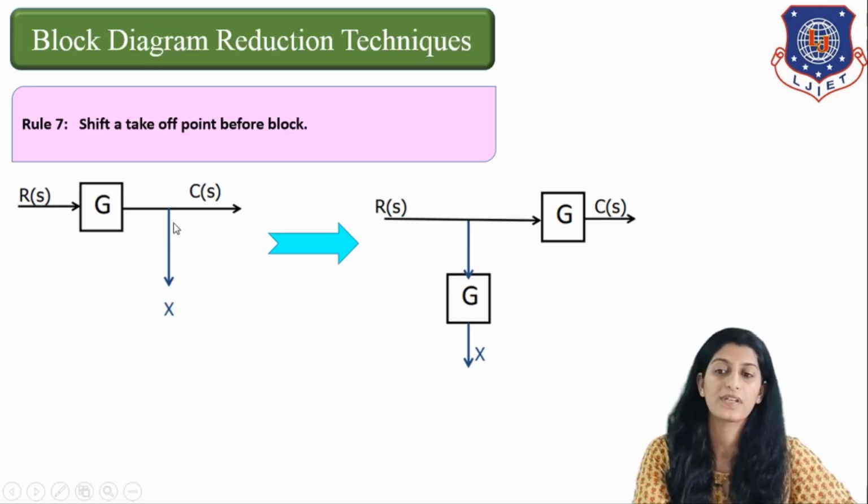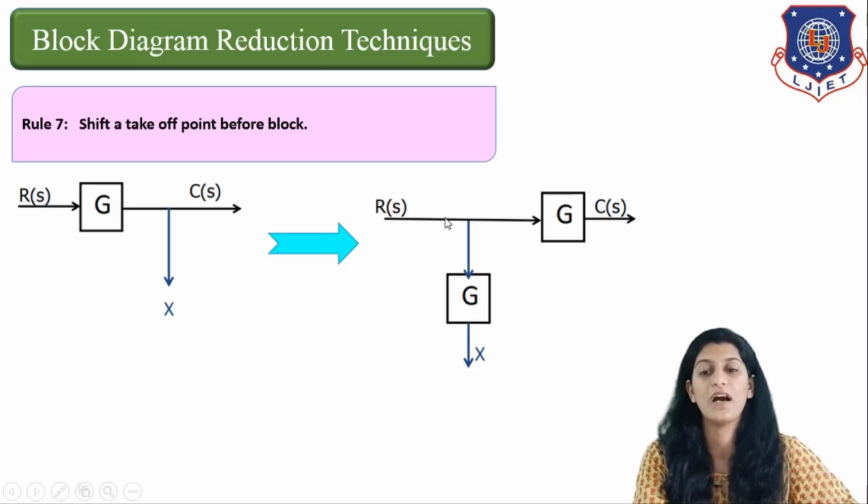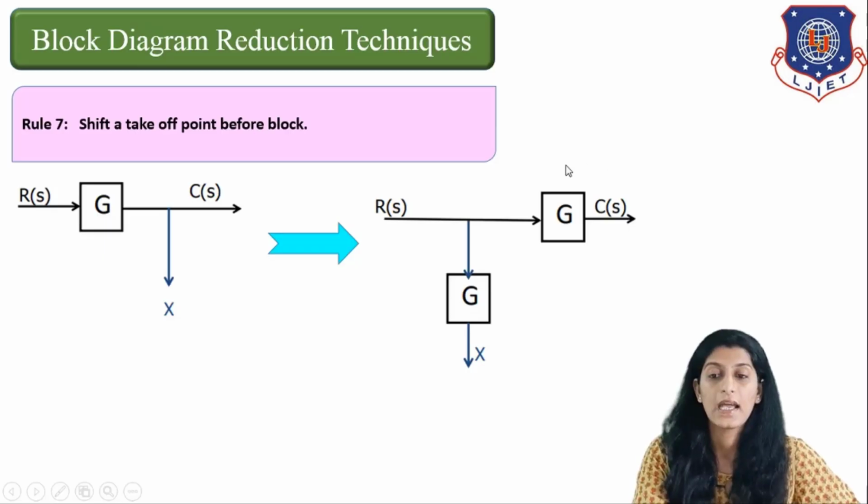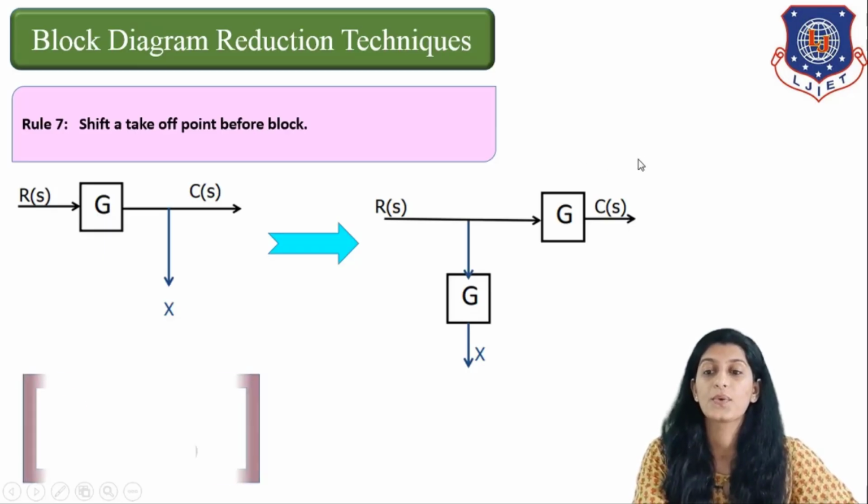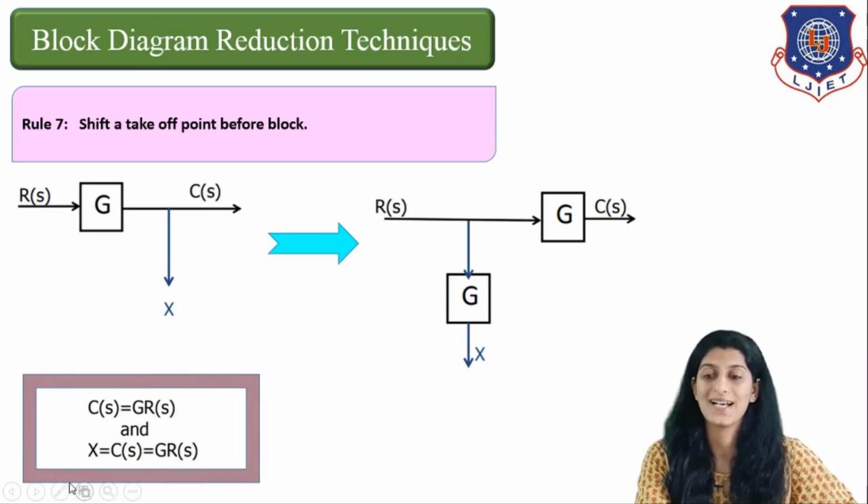So I have shifted this takeoff point from after the transfer function to before the transfer function. Here it is after the transfer function, and in this particular case I have shifted it to the before condition.